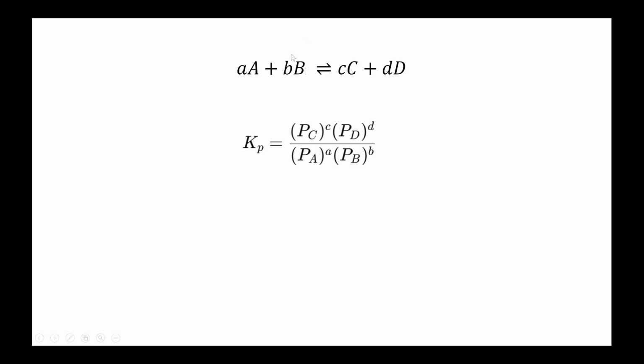So if I have to define the equilibrium constant in terms of pressure for an arbitrary reaction, I can define it as partial pressure of C raised to the power of the stoichiometric coefficient, here lowercase c, then partial pressure of D raised to the power of small d, divided by partial pressure of A raised to the power of small a and partial pressure of B raised to the power of small b, because those are its stoichiometric coefficients. So this is how we define the equilibrium constant for any reaction.